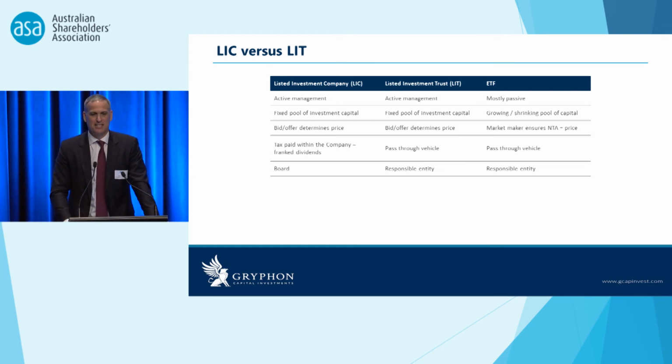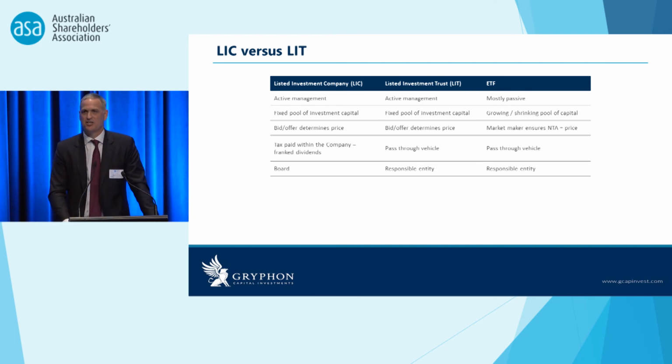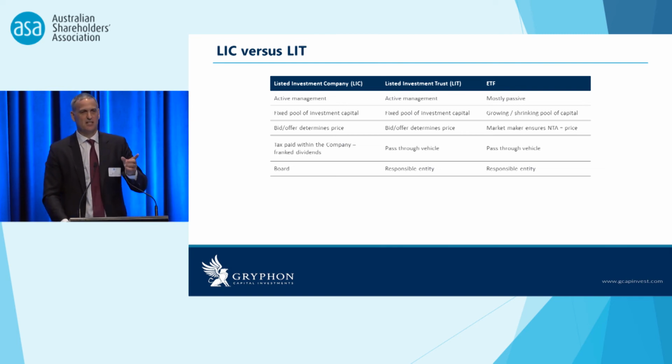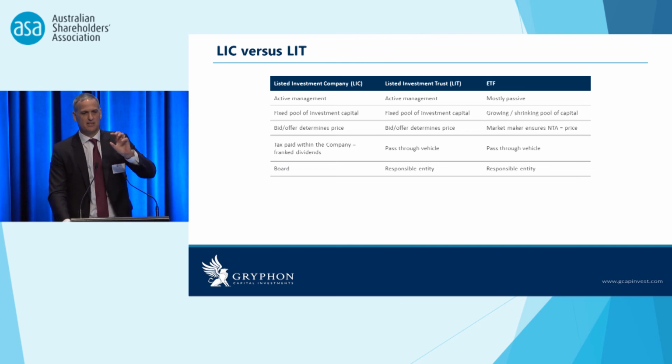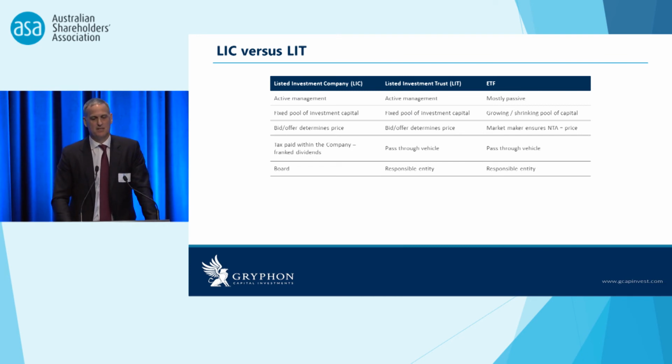Then there's the listed investment trust, referred to as LIT. And then there's the ETF, which stands for Exchange Traded Fund. For the purposes of this discussion and due to timing, I'll just focus on the LIC and the LIT. The table is outlining the similarities with also some differences.